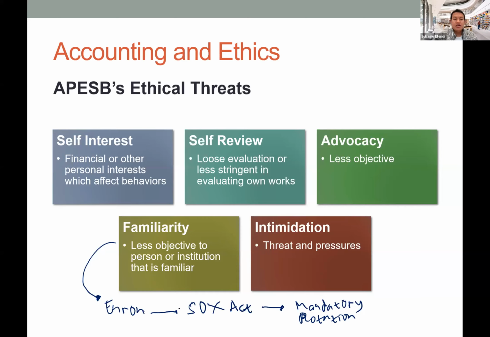This law is widely adopted around the world, even including in Australia. In Australia, the mandatory rotation is 5 years.